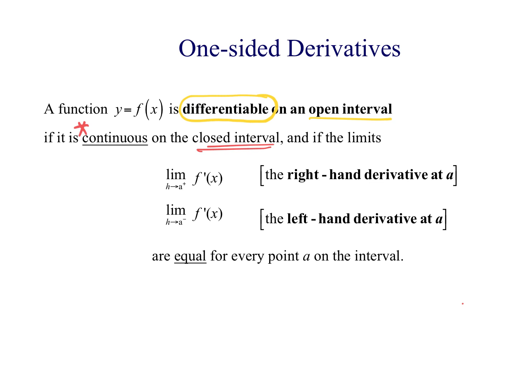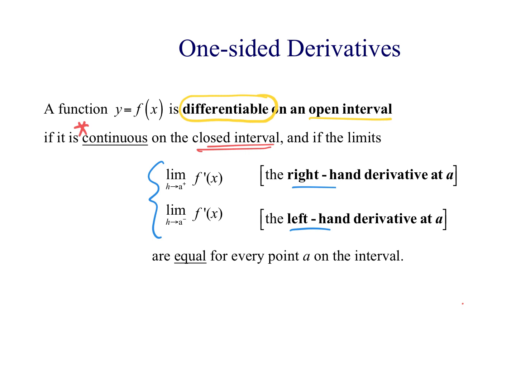And then if you establish that you do have continuity, then you're going to check the right-hand and the left-hand derivatives. You'll be approaching from the left and approaching from the right. If those two are equal, then you have differentiability. So there's three things.